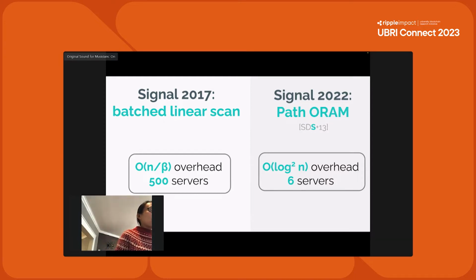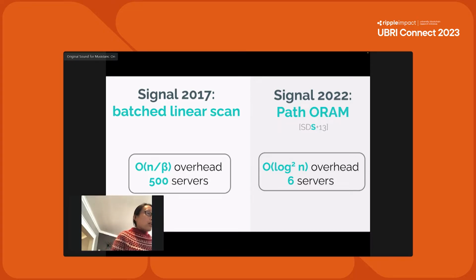There is actually a very simple algorithm called Path ORAM that allows them to do exactly the same, but with only, let's say, log squared overhead. This was actually a paper that we published back in 2013.